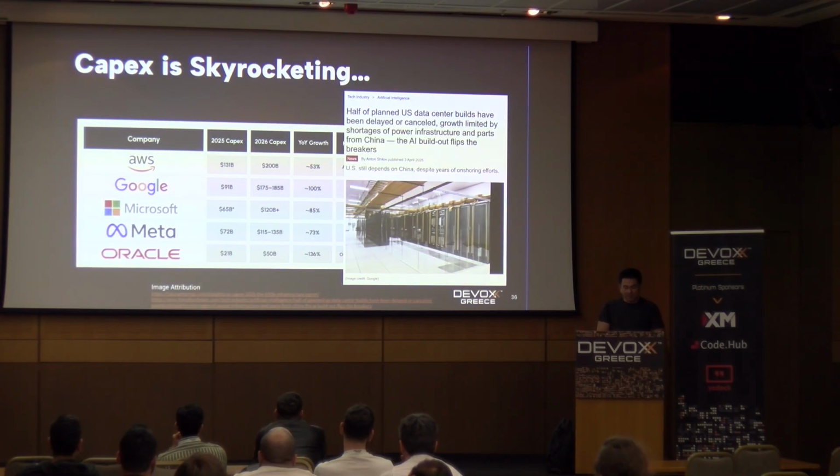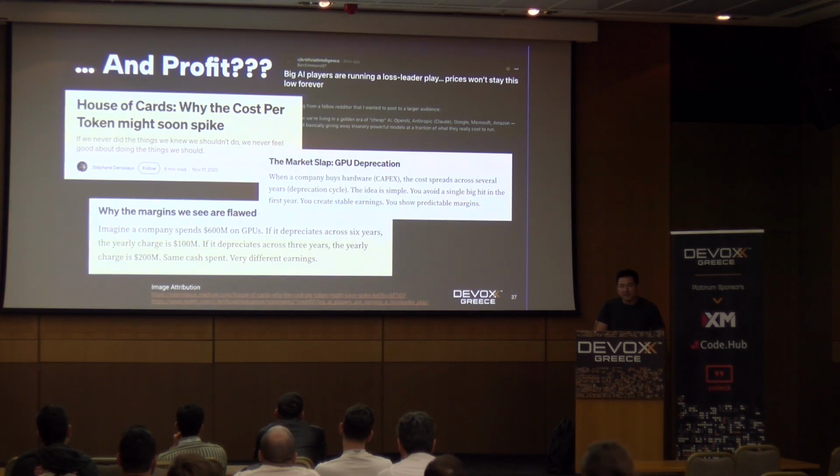CapEx is rising. Last year, we were in the tens of billions of dollars per hyperscaler in 2025 CapEx. In 2026, we're at multiple hundreds of billions of dollars in infrastructure. Where is the profit for them?